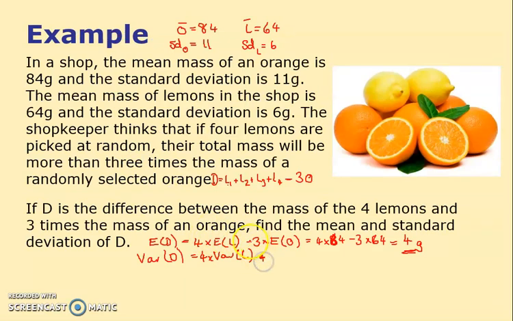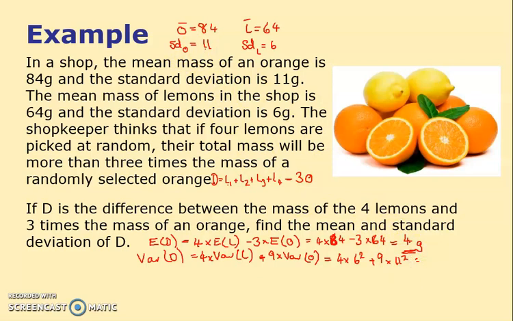It's plus. Plus, because when I take that minus 3 out, it becomes 9 times the variance of the oranges. What was the variance of the oranges? I'll write that down in a bit. So this becomes 4 times the variance of the lemons, which was 6 squared. Obviously that's a standard deviation. Minus, plus 9 times the variance of the oranges, which is 11 squared.